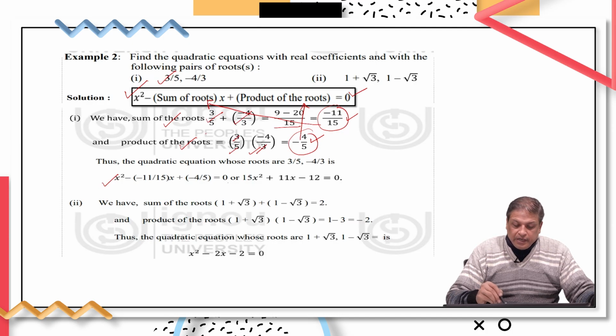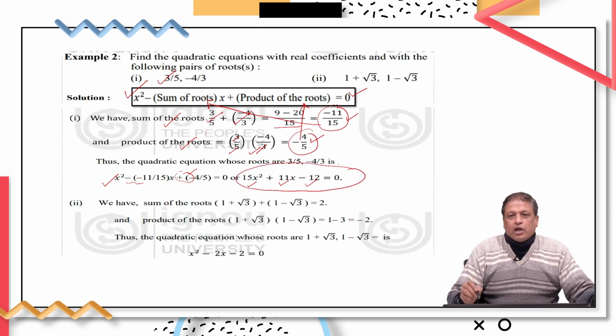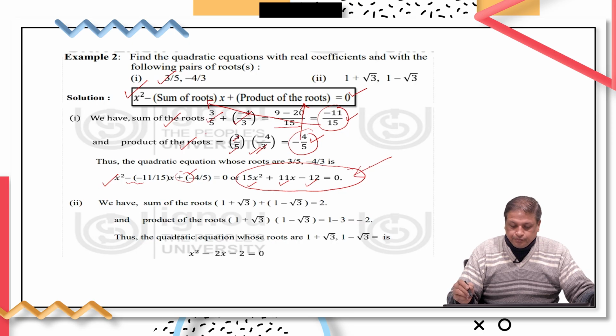Now, solving this entire equation, minus and minus will cancel out and this minus will exist. So, 15x square plus 11x minus 12 is equal to 0 will be the resulting quadratic equation. So, I hope you understood that by knowing simply the roots, we can find the quadratic equation.